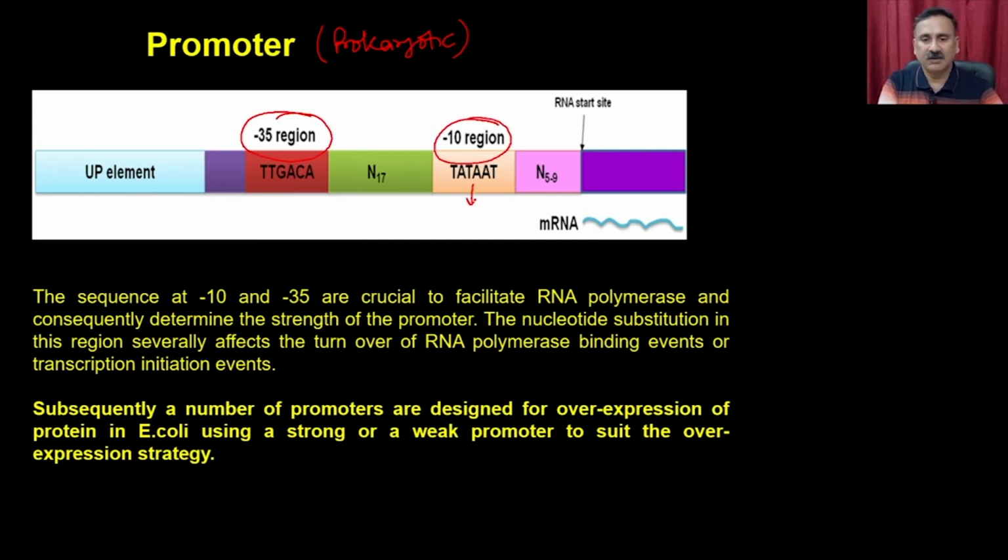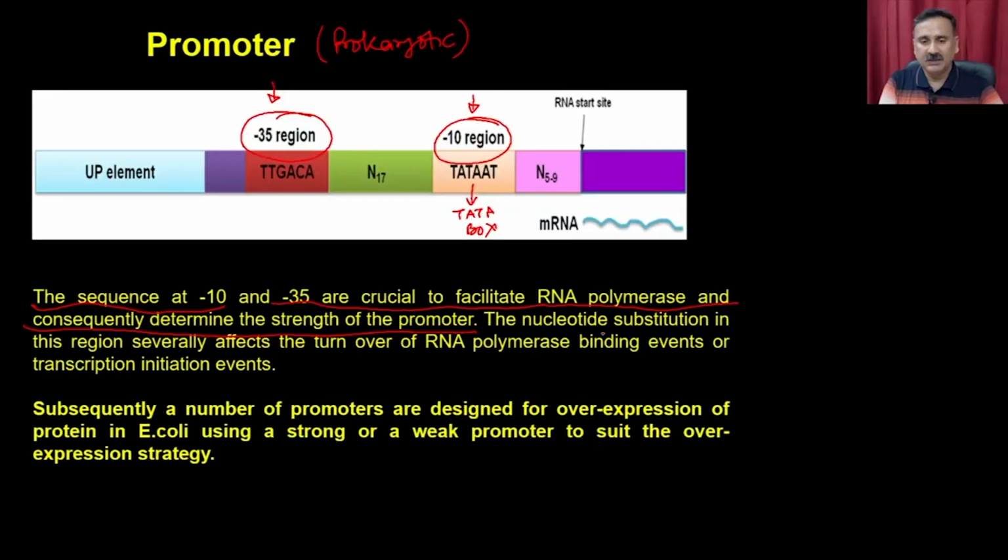So, you have the TATA box and you also have the -35 region. The sequences at -10 and -35 are crucial to facilitate the RNA polymerase and determine the strength of the promoter. The better these sequences are, the more efficiently the RNA polymerase will sit on these regions, and that is how they give you better transcription.